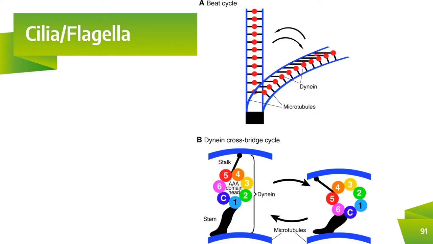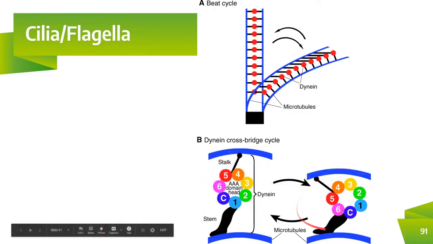So basically, if the left part makes a power stroke, this will cause the whole structure to swing to one side. So you basically have a switch between this part and this part.